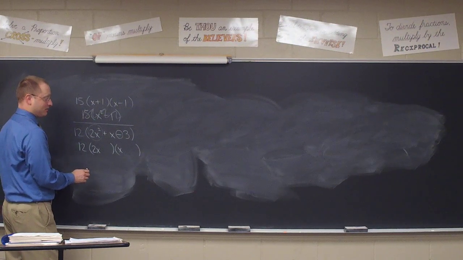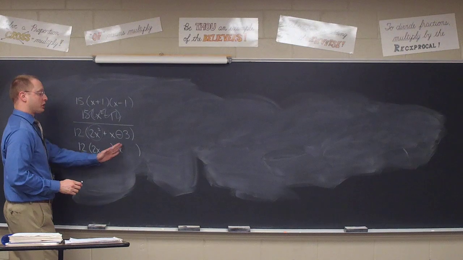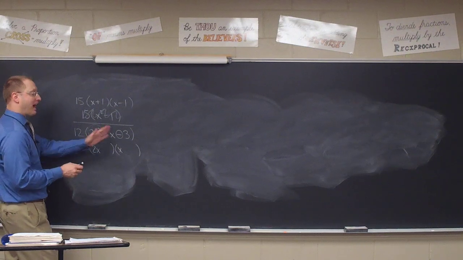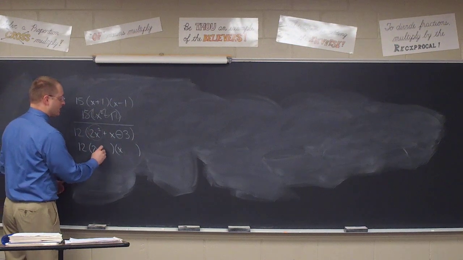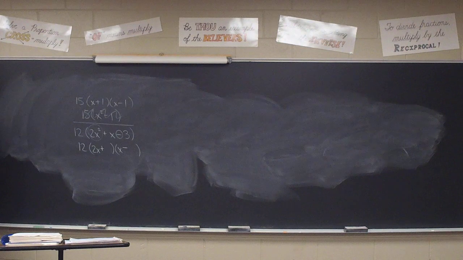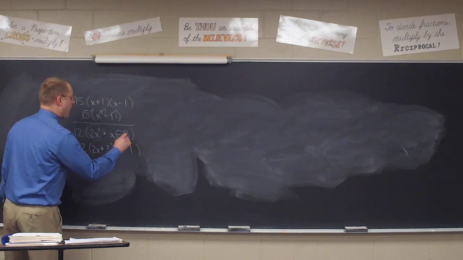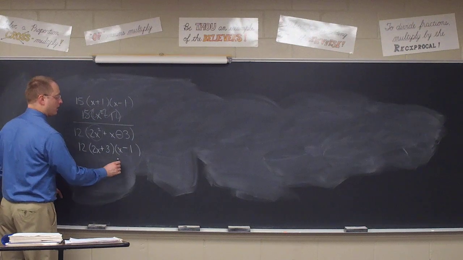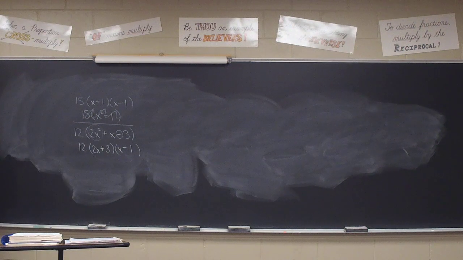A negative tells me my signs are going to be same or different. Different, right? Because a positive comes from having same signs. So we have a positive and negative. The only way to split up a 3 and 1, or 1 and 3, we always check the outer inner, remember. If I check the outer inner, does that actually work?